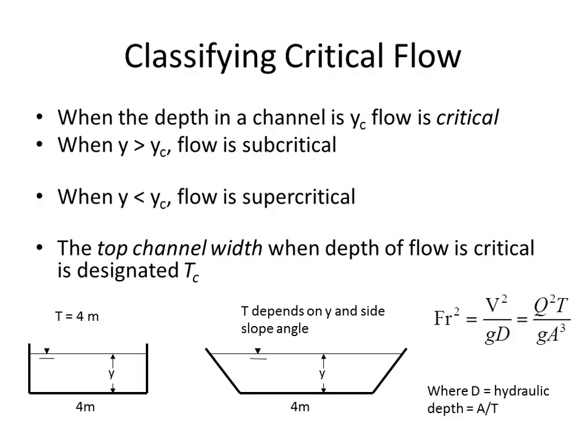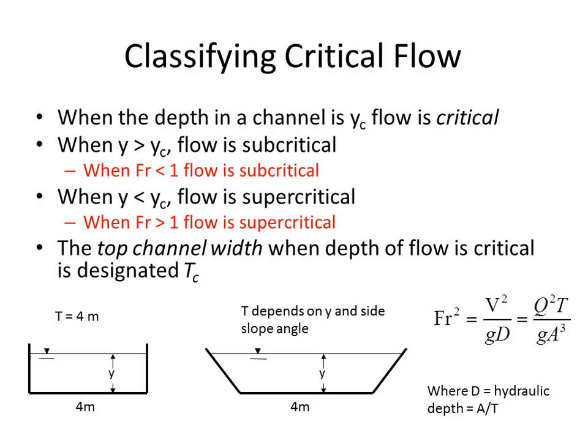There are certain equations for Froude number that are only valid for a rectangular section, or a rectangular section that's very wide, but these will always give you the right answer. The criteria for Froude number: when it's less than 1, conditions are subcritical. When it's more than 1, flow is supercritical.